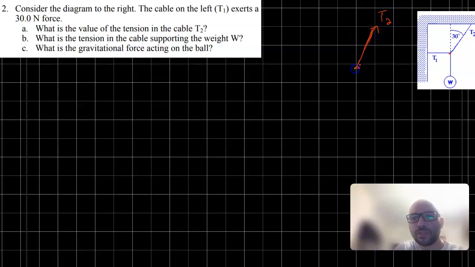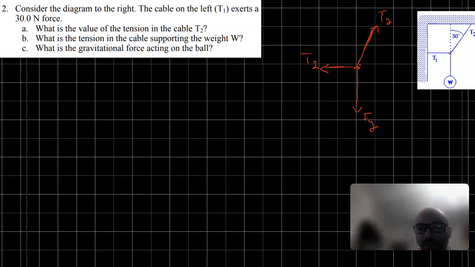You have T1 directly to the left, and you have the weight, or the force of gravity, that is being applied downwards. Okay, so at that point we can look at the forces and write some equations.